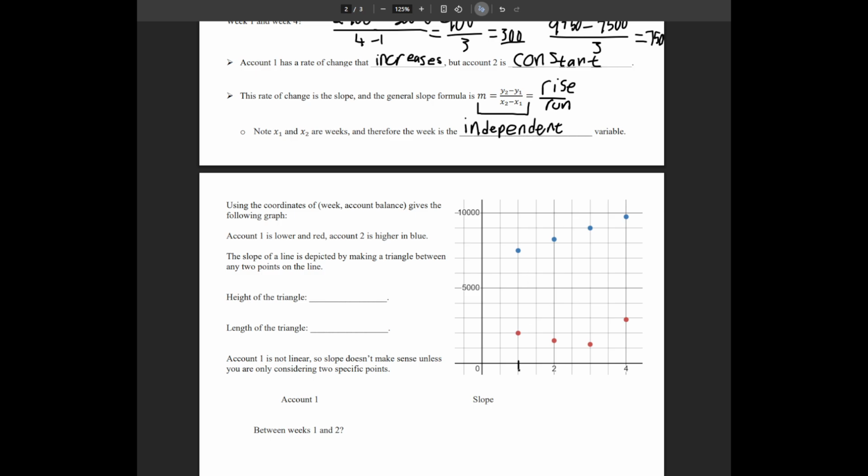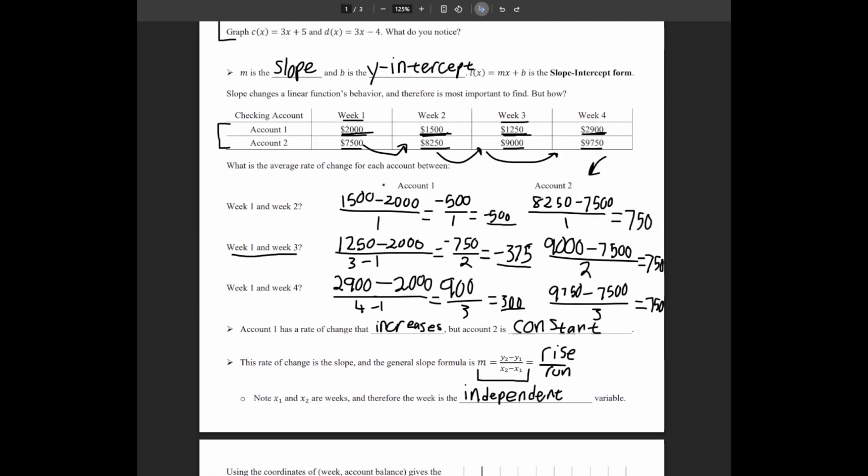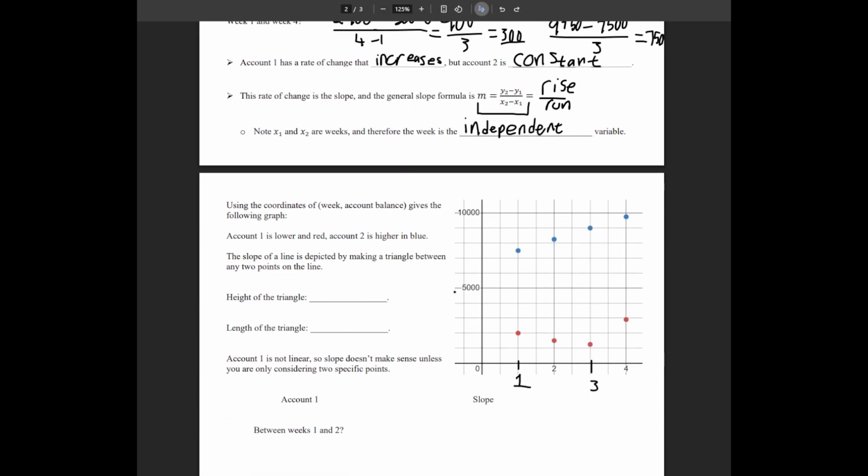This does skip a little bit. This is 1. This is 3. These are going up in increments of 1,000. So in week 1, it looks like account number 1 had $2,000 in it. Account number 2 had 7,500. That matches perfectly with what we just saw.